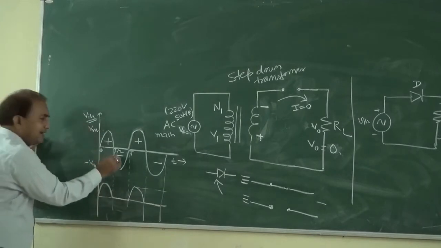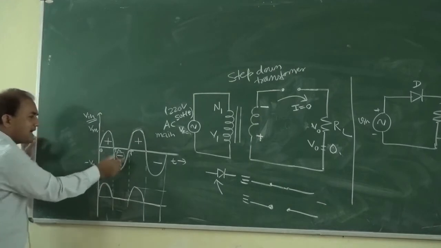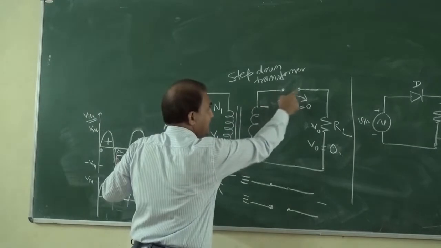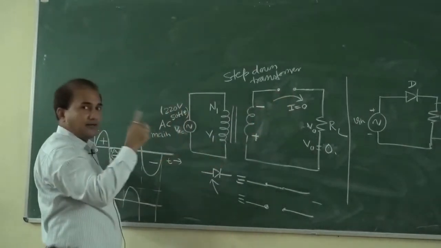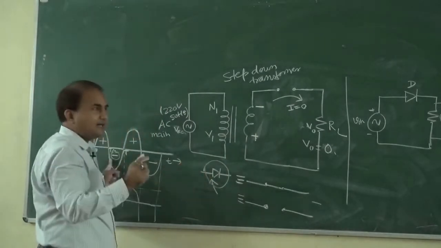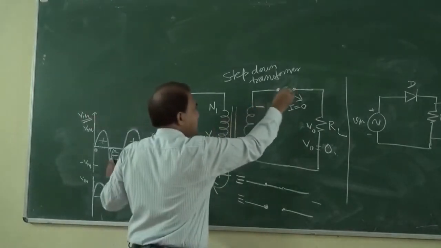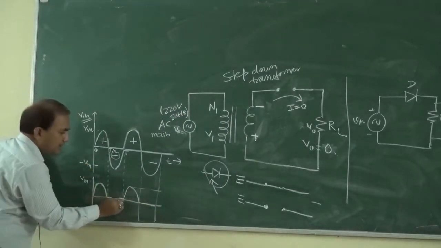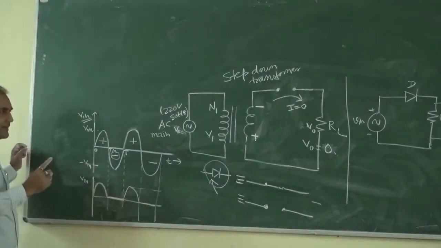The difference is that during the negative half cycle, since this is in reverse bias condition, and if we are considering the diode as an ideal diode, in that case it is open. Okay, so open means V naught is equal to 0.